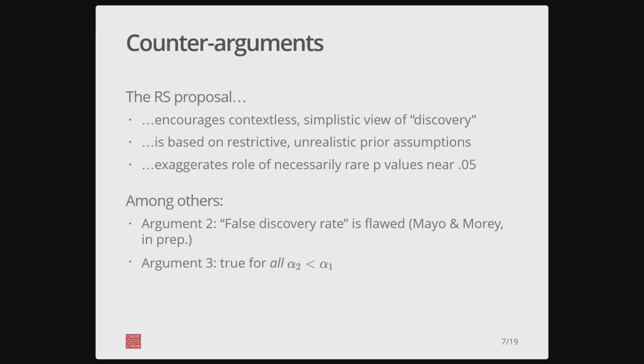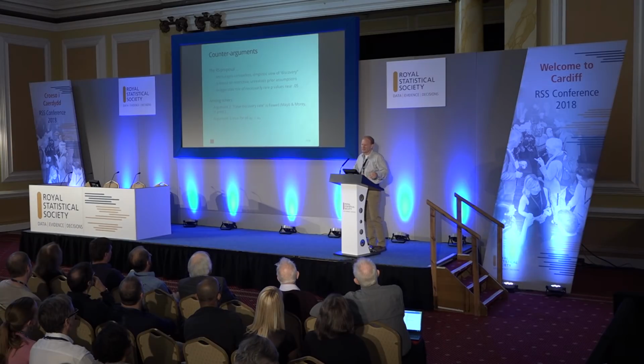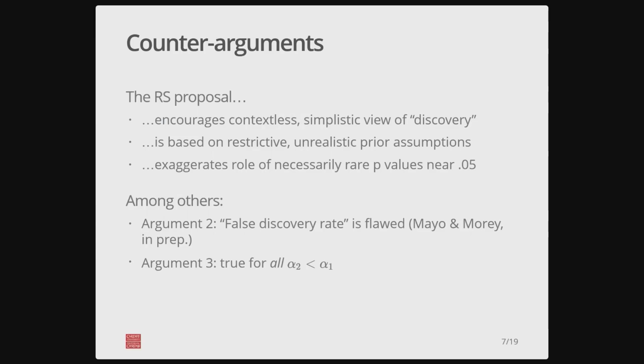Their proposal, I think, is flawed for a number of reasons, and perhaps the most basic is that the idea that you can declare a discovery on the basis of a significant p-value, whether you're choosing p less than 0.05 or 0.005, encourages a simplistic view of what a discovery is.